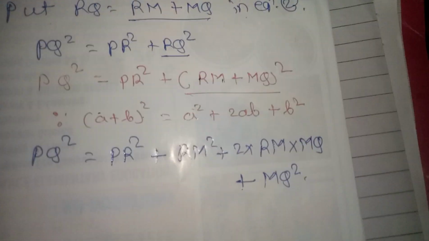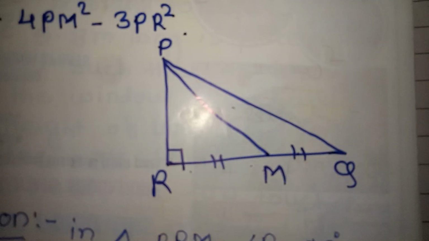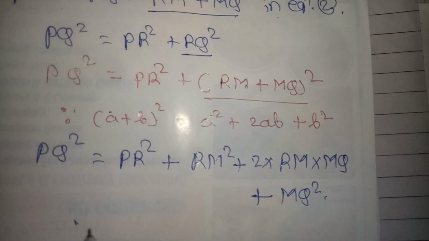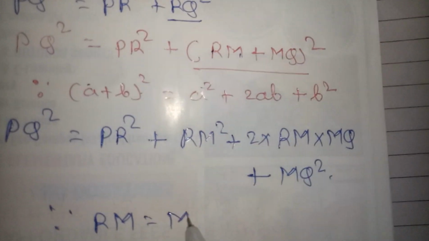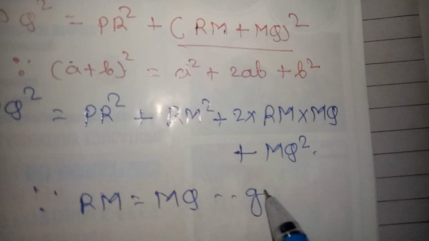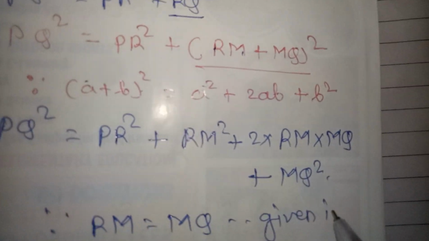As we know very well in our figure, M is the midpoint and RM and MQ both segments are equal to each other. So we can write here RM is equal to MQ. It is given in the figure.